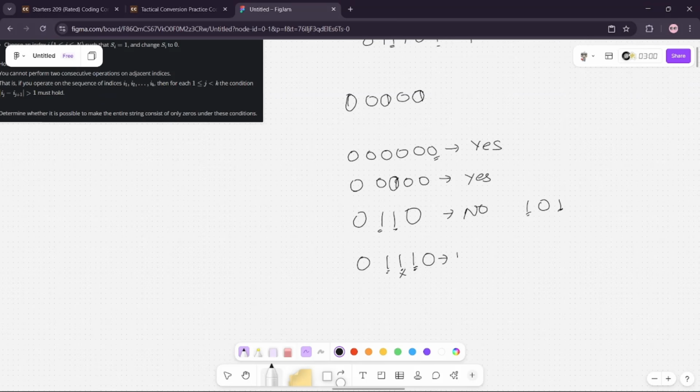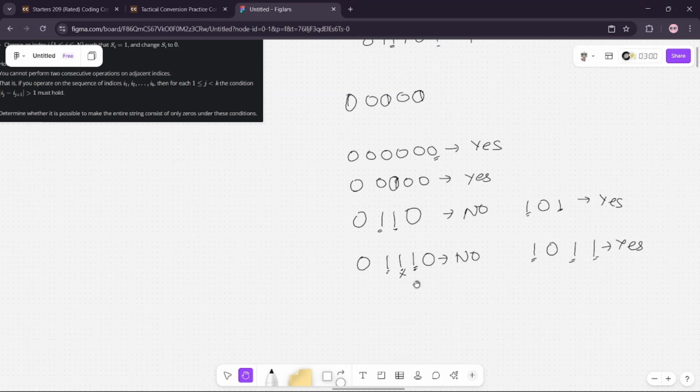So the answer is going to be no. But if I have three ones that are non-adjacent to each other, let's say 1, 0, 1, 0, 1, first I'm going to convert this one, next this one, next this one. So the answer for non-adjacent ones is always yes. The only condition when it fails is when the ones are consecutive to each other.